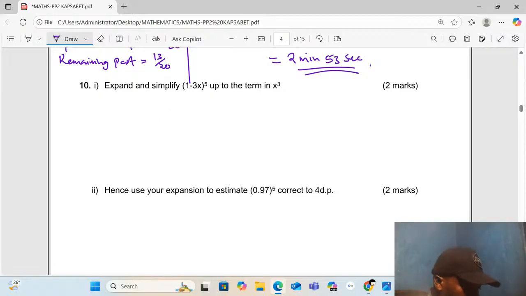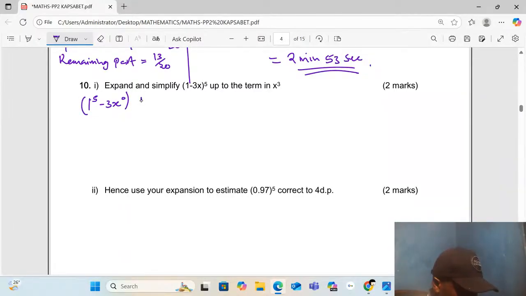So we are going to have 1 power 5 minus 3x, now this is power 0.